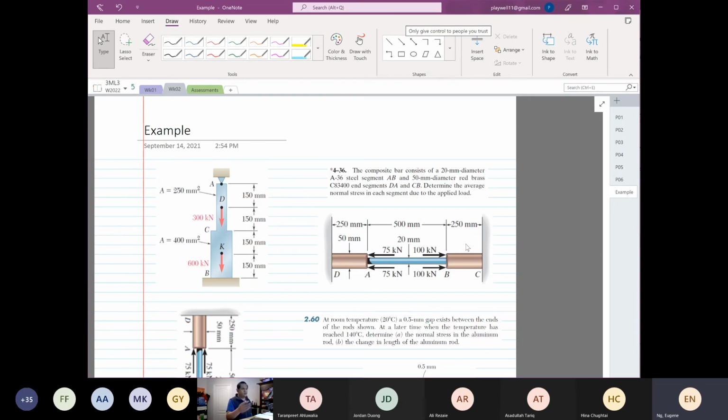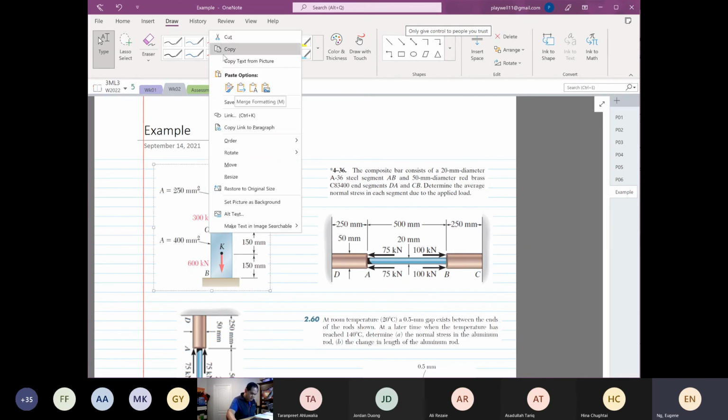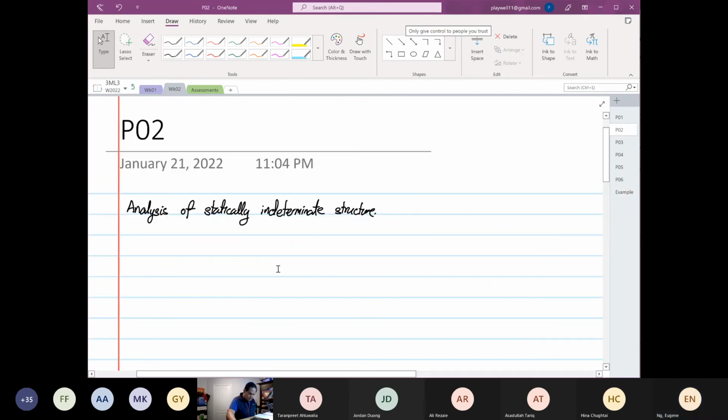When I started class, I told you all to download. So if you can go on Avenue to Learn to download all these images, please. Thank you. Okay, so we're going to look at this structure now.